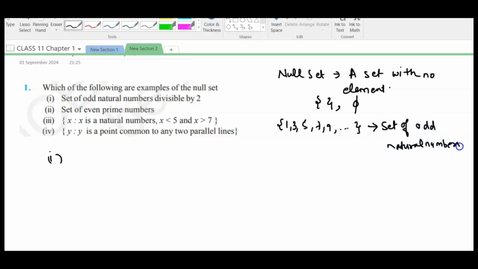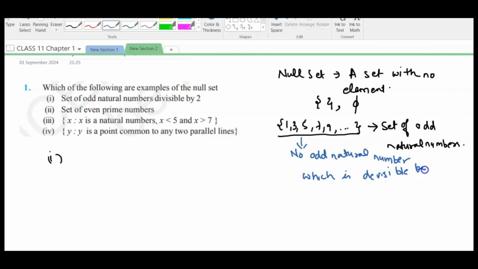Now we need to find the set of all odd natural numbers divisible by 2, and we can see that there is no element in this set which is divisible by 2. So no odd natural number is divisible by 2. Such elements do not exist. So this set contains no element. So yes, this is an empty set.